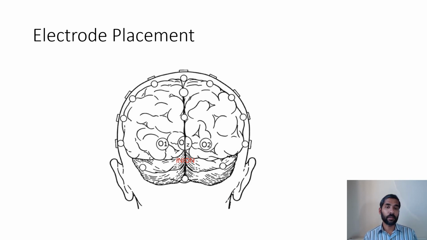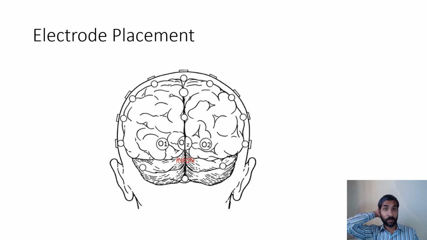Now, you could record evoked potentials from different parts of the brain, right? And depending on what kind of stimulation you're giving, you will have to put the electrodes in different parts of the brain. So if you are doing visually evoked potentials, you're giving a visual stimulus and recording a response to that, you will put your electrodes at the back of your head.